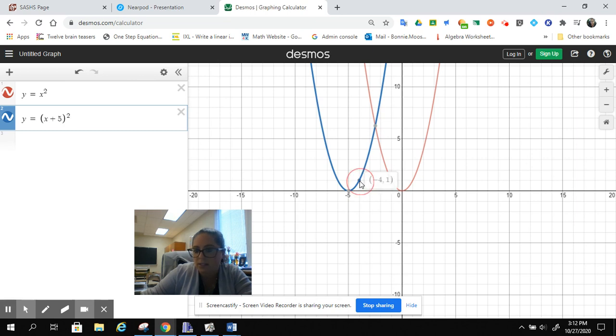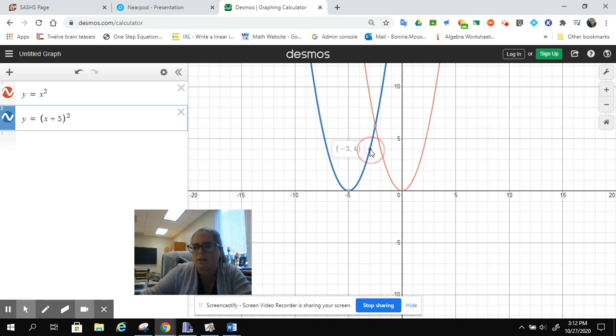So it looks like it's still at 1, but something happened to make the x change. And then 2 blocks over gives me 4. Well, I'm noticing, yeah, right there.